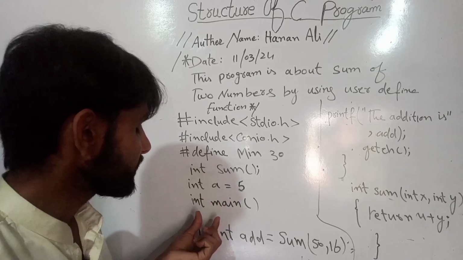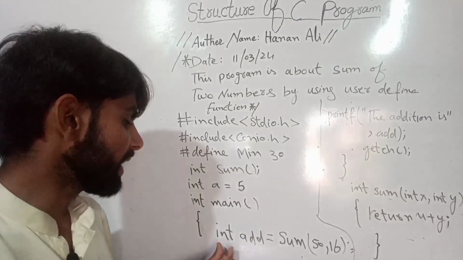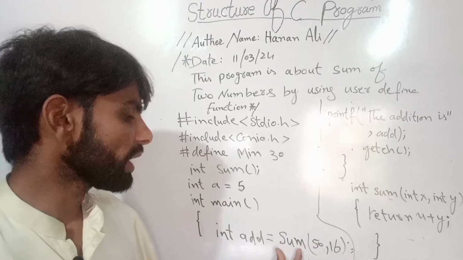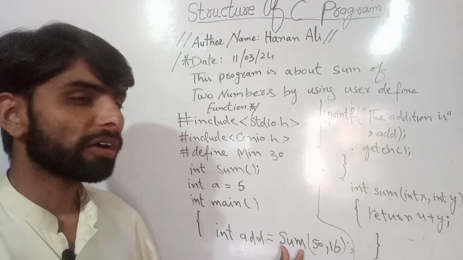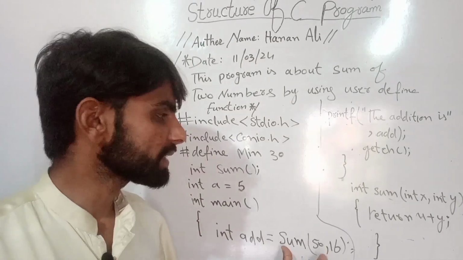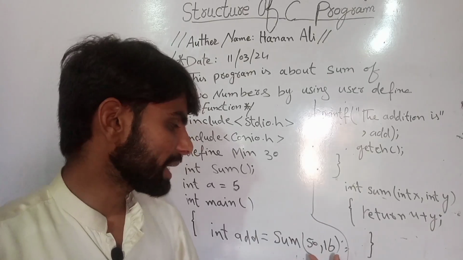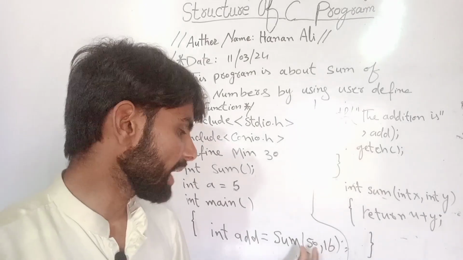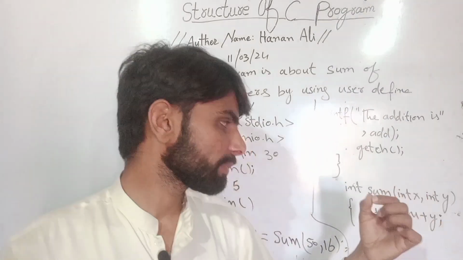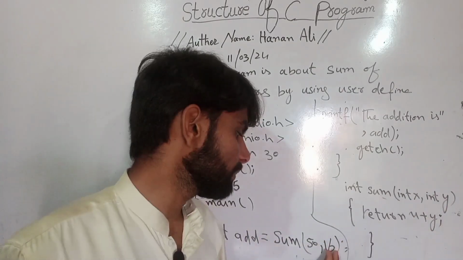Next is int main. This is the main function, the start of the main function. Int add declares a variable of integer data type that will hold the summed value. Here I use the sum function. This is the calling of the function, right? When control comes here, it compiles that statement, and control goes to the sum function. These are the arguments, where we write values, and they go to the parameters, where x will be 50 and y will be 16.